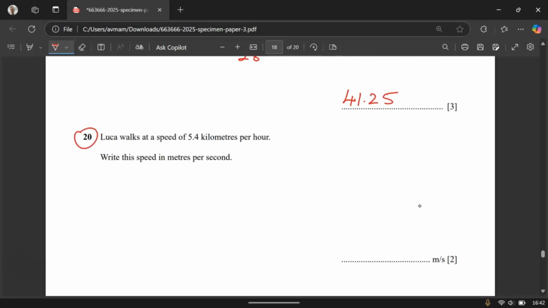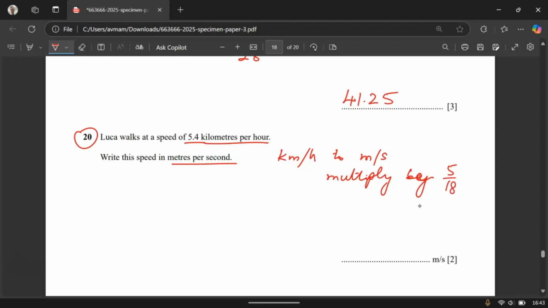Question number 20. Luca walks at a speed of 5.4 kilometers per hour. Write this speed in meters per second. There is a multiplying factor for changing from kilometers per hour to meters per second, and that is to multiply by 5/18.